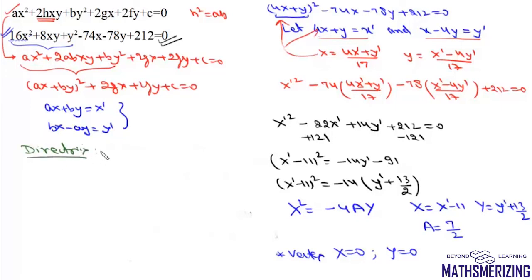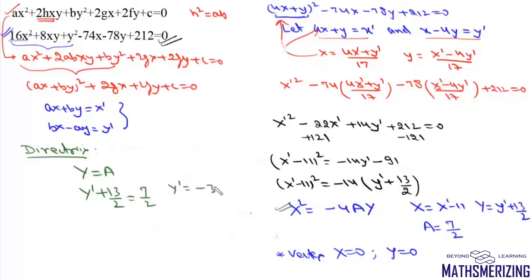Now we know that for this parabola, the equation of the directrix is simply capital Y equals a. So Y in this case is y dash plus 13 by 2, and this is equal to a, and a is 7 by 2. So I'll get y dash as, now 13 minus 7 is 6, so simply it will be minus 3.